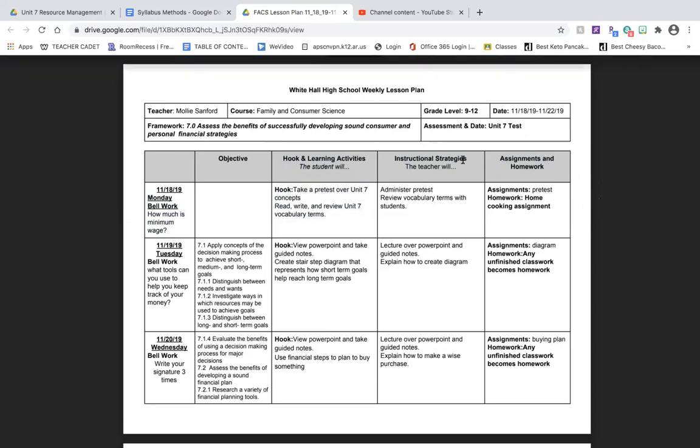This column is what the teacher is doing, and I'm administering the pretest and reviewing vocabulary with my students. And for assignment and homework, the assignment was the pretest, and for homework it says home cooking assignment, but that shouldn't be there. That's old.